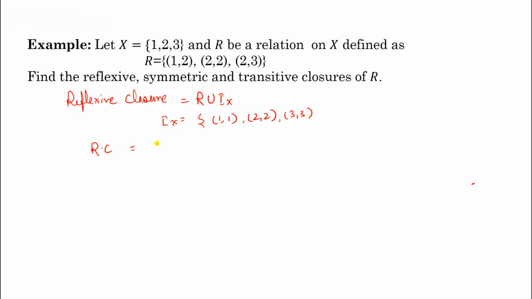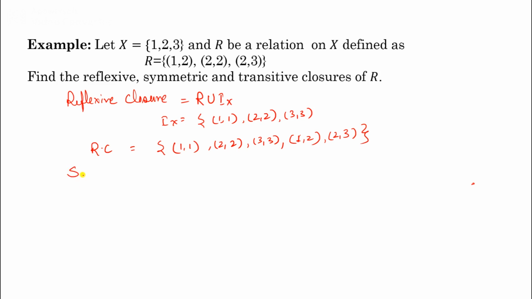You will write all these elements (1,1), (2,2) and (3,3), and then all the elements of R: (1,2), (2,2) is already there, so (2,3). So this is the reflexive closure of R. It is the smallest reflexive relation that contains R.